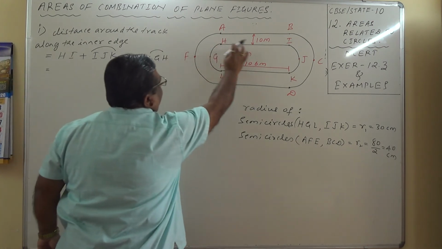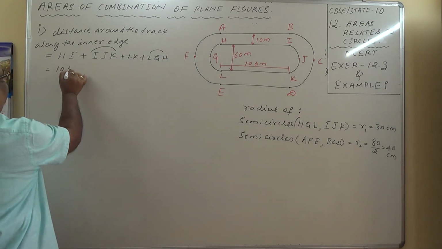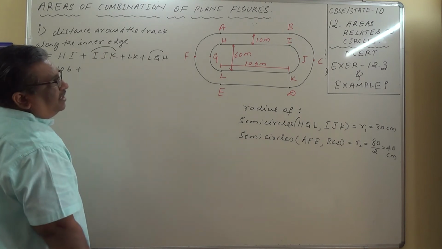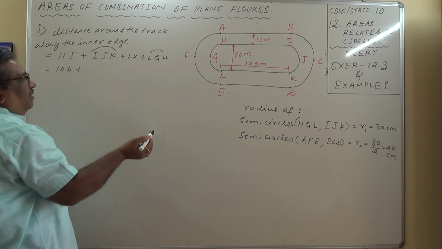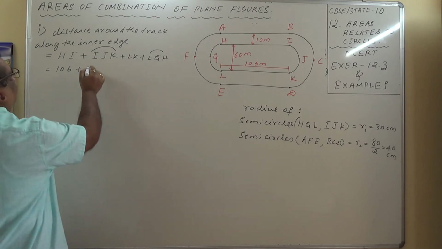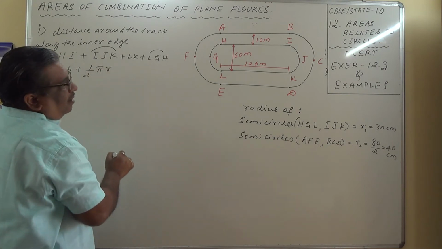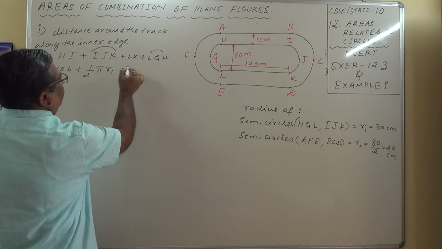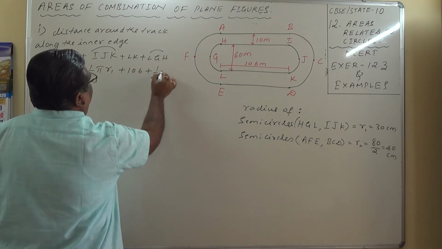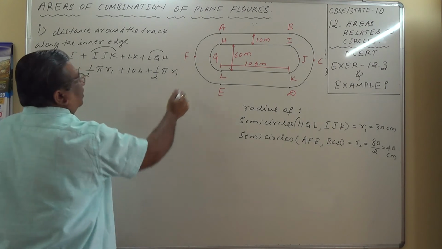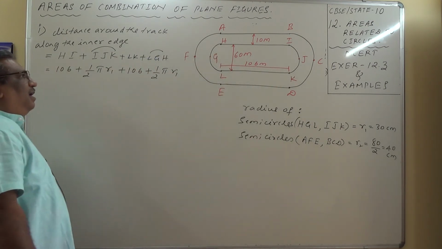See here, from here to here, 106 meter. 106 plus arc length IJK, semicircular length is nothing but half pi r1, plus LK, 106 plus half pi r1. r1 is the radius of this semicircular arc and the IJK semicircular arc.